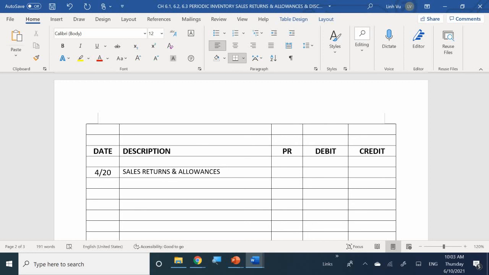$18.75 is the discount. How did you figure that number out? 125 times 0.15. How do I get the 125? 25 times 5, right? Excellent.